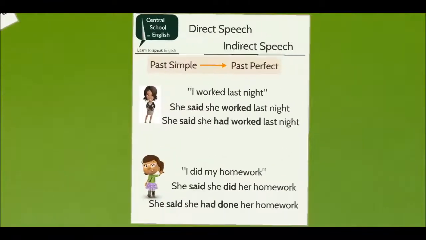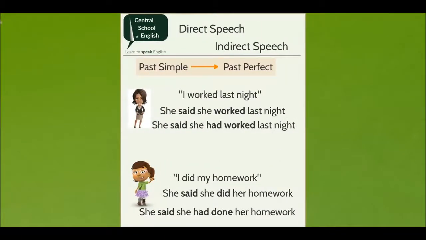When we change a sentence in the past tense from direct speech into indirect speech, we must use the verb said. We can also change the verb one tense into the past, or we can choose to leave the tense unchanged.